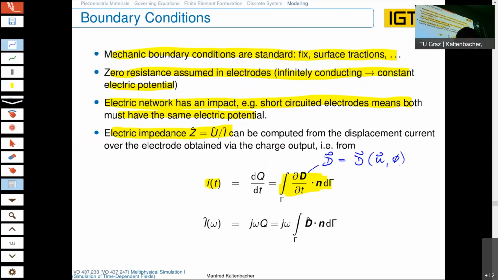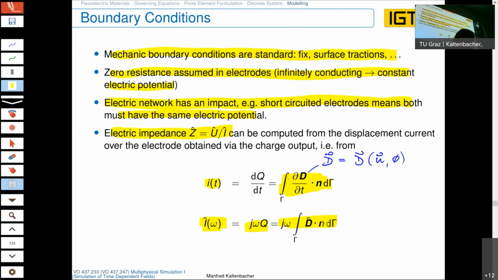So we have to take this into account and use our extended constitutive equation when we express D. If you write it down in the frequency domain, we know the time derivative is just a scaling with j omega, j being the complex unit, and so we can evaluate as written here along the surface of your electrode, and you get the total current as a function of frequency.